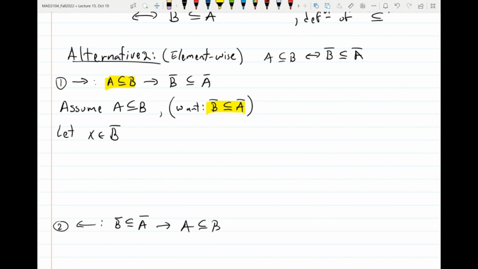Exactly. But one thing that you can say is, well, then X is not in B, right? Why is this? How would you justify this claim? The definition, right? This is just a definition of complement.